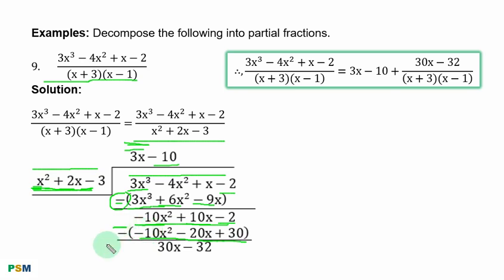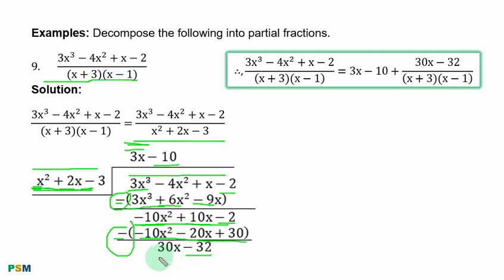Next is to subtract. Here becomes plus, plus, minus because of the effect of this negative sign. Minus 10s squared plus 10s squared is 0. 10s plus 20s is 30s. Minus 2 minus 30 is minus 32.